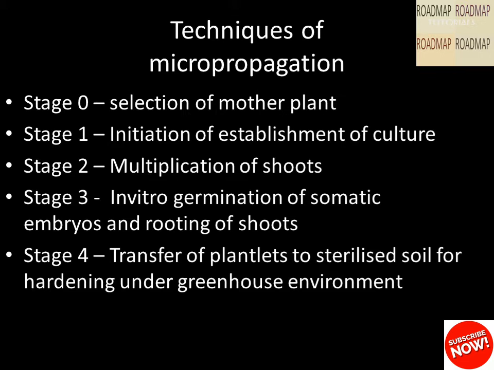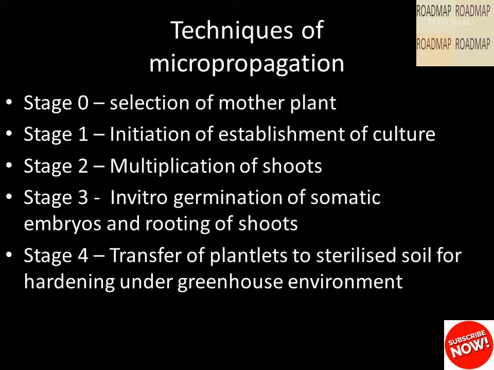Now the different stages are useful for comparison between two or more plant systems. So it is important for us to study the different plant systems, and it helps in our better understanding.